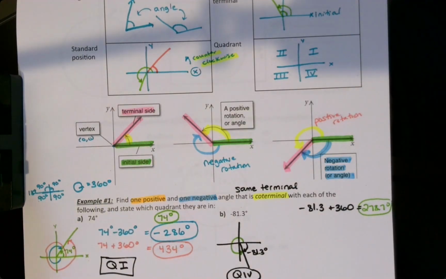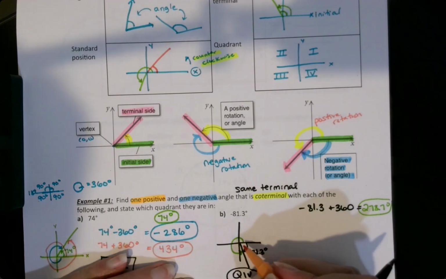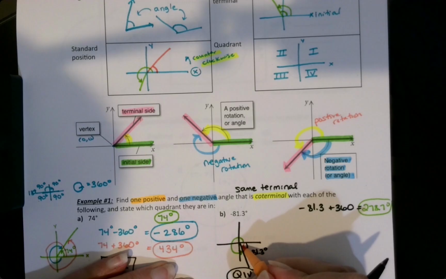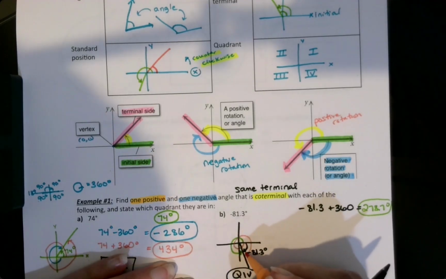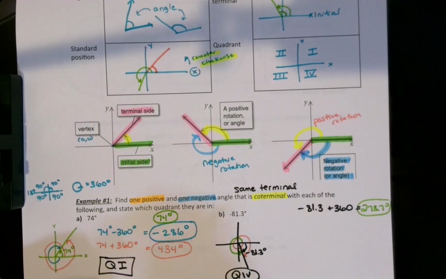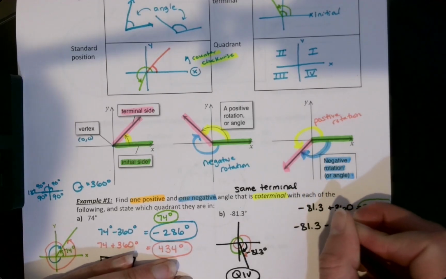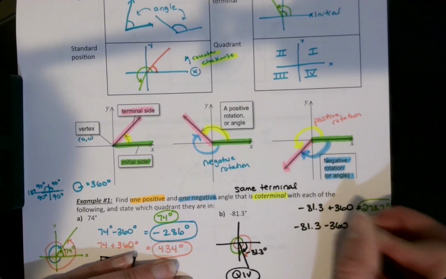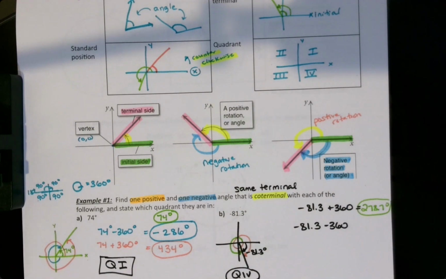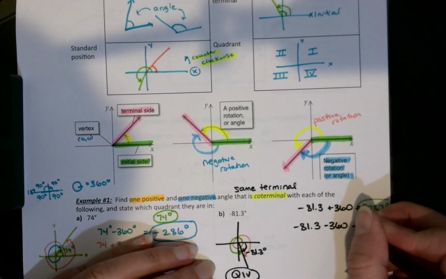Now, my goal is to list one positive and one negative angle. So another negative angle would be, I would need to go backwards more than once. So I need to take my negative 81.3 and subtract 360 to go in the reverse direction by another 360 degrees.